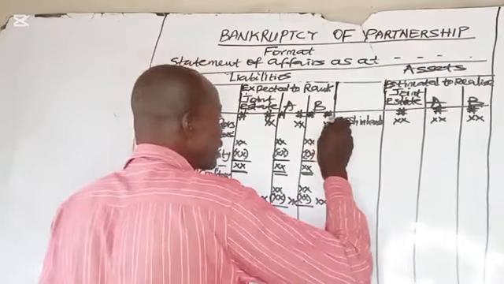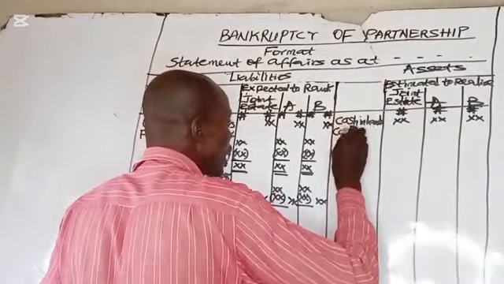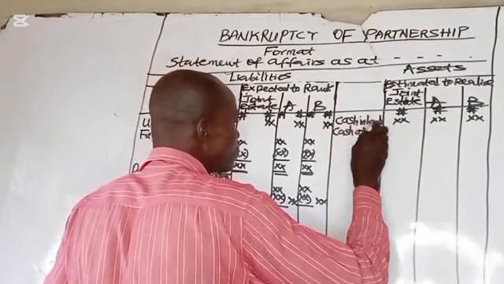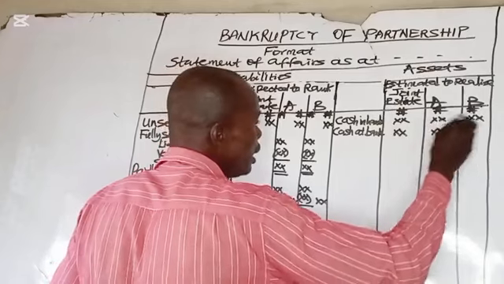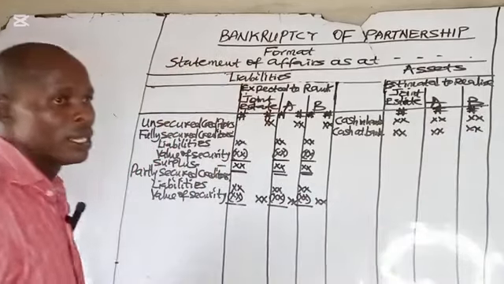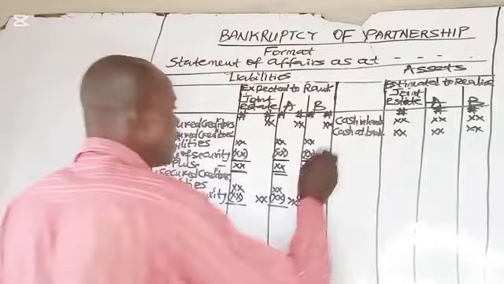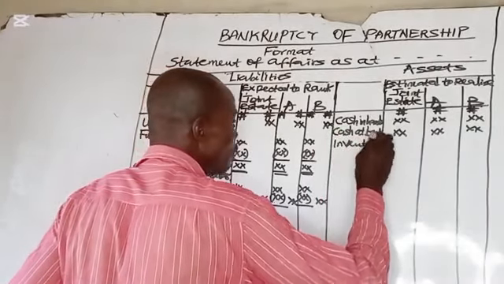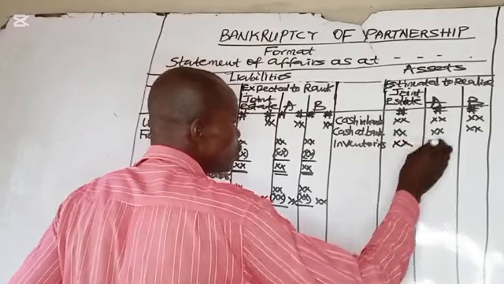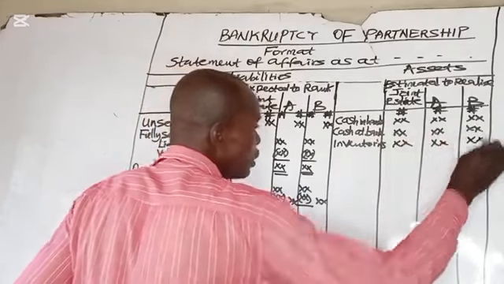Then cash at bank, if it is not used as security, for joint estate, for A and for B. Then we have stocks or inventories, not used as security for any of the liabilities.